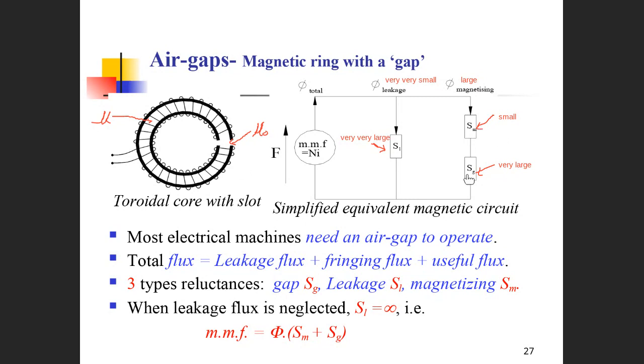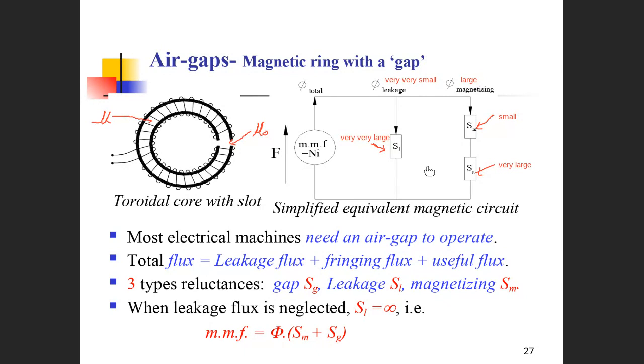Okay, that's the relationship. Looking at this circuit and the ring structure here, I hope you can understand how to draw a magnetic circuit. Try to understand the relationship between the reluctance, flux, and magnetomotive force. Of course, the magnetomotive force is supplied from the current times the number of turns of the coil. That's no difficulty.